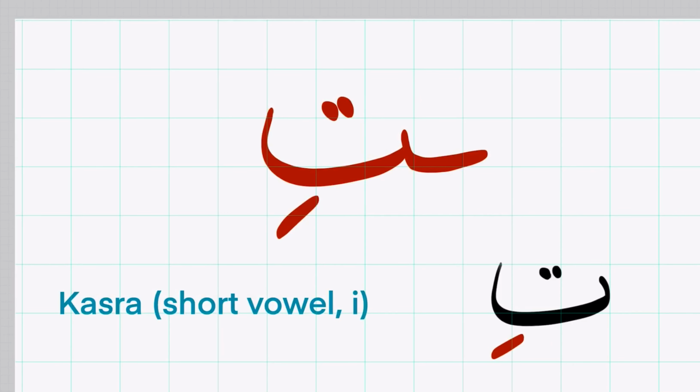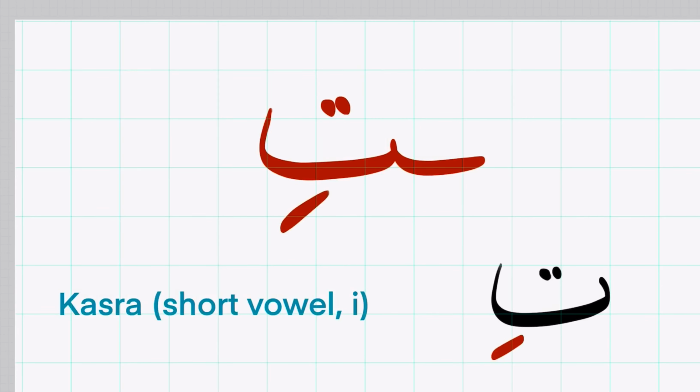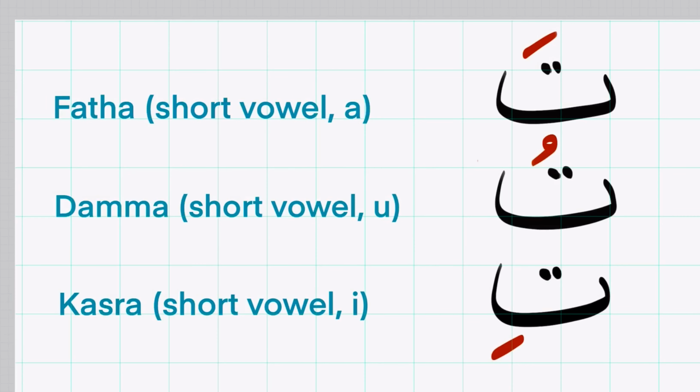Ti. Let's try that again. Ti. Excellent. Pause the video and practice on your own. This is all the formats of the ta with the short vowels fatha, dhamma, and kasra. Let's go to the next session.